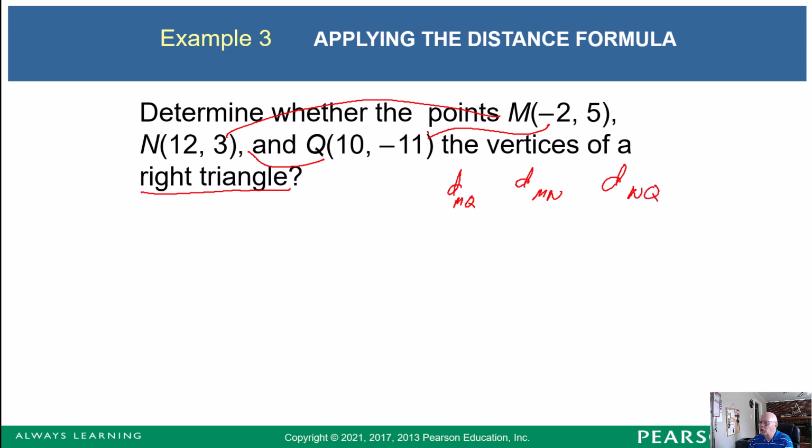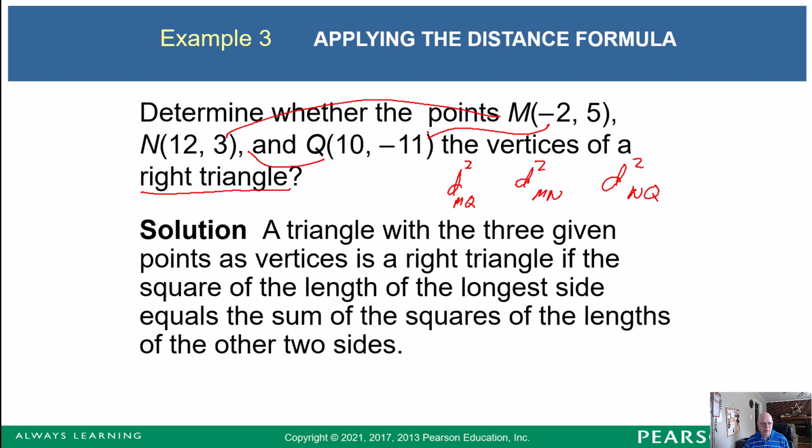Now what you'll do is square these three and see if two of the squares add to the other one. If that's the case, then you've got a right triangle.